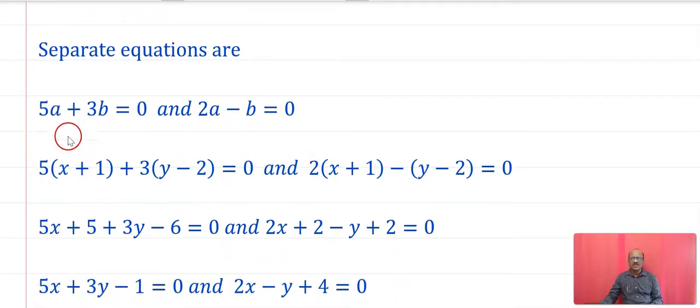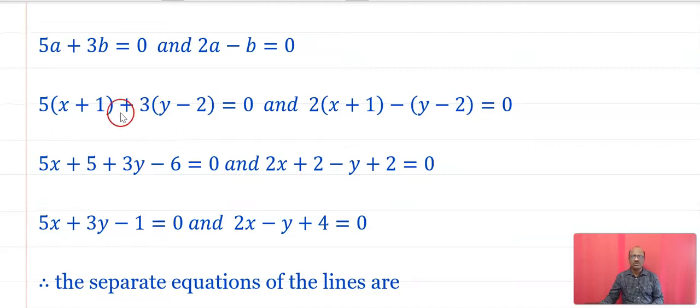Now we substitute the value of a. a is x plus 1, b is y minus 2 and that's equals to 0. Here that is 2 in bracket x plus 1 minus in bracket y minus 2, that's equals to 0. Simplify this. Then you will get 5x plus 5, 3y minus 6 is equals to 0. 2x plus 2 minus y plus 2 is equals to 0.